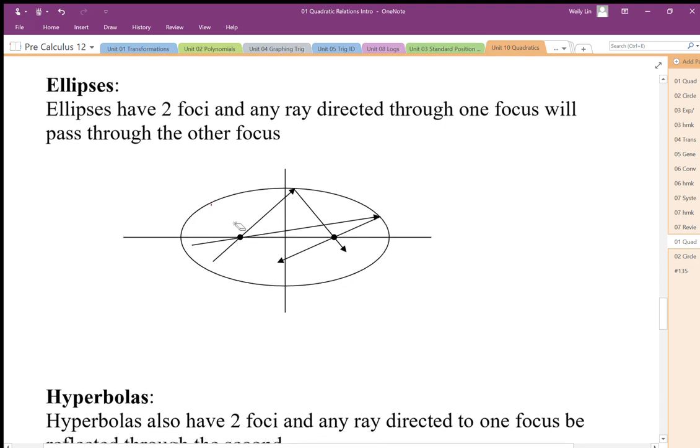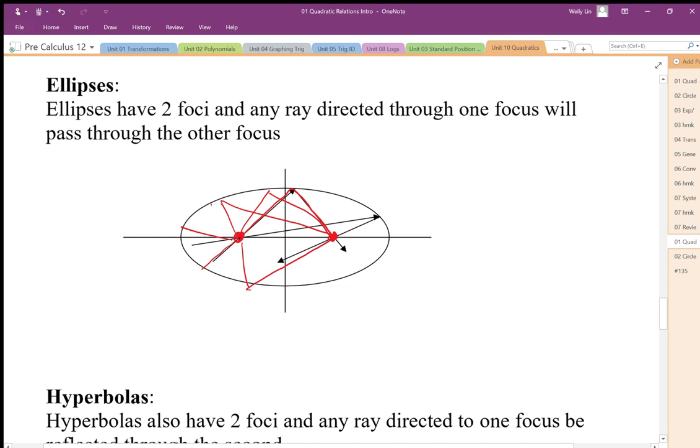There are many other things like acoustical effects that you can do. There are oval rooms where if you stand in one spot, all the sound will radiate out like this, but all the sound ends up getting reflected back to another point in the room, which would be the other focus.